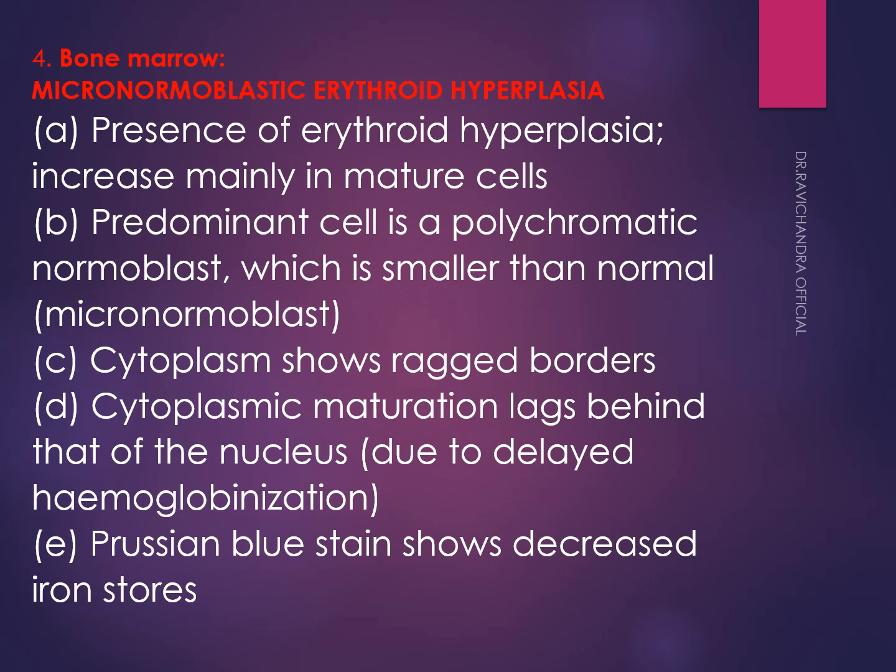So these are called micronormoblasts. So there will be predominantly micronormoblastic erythroid hyperplasia in iron deficiency anemia. The cytoplasm will show ragged borders. Cytoplasmic maturation will lag behind that of the nucleus because of delayed hemoglobinization.